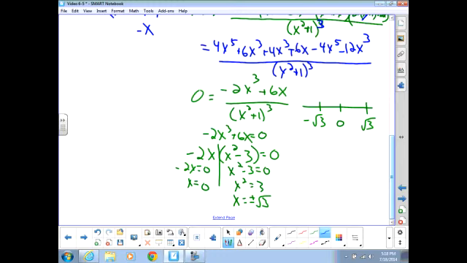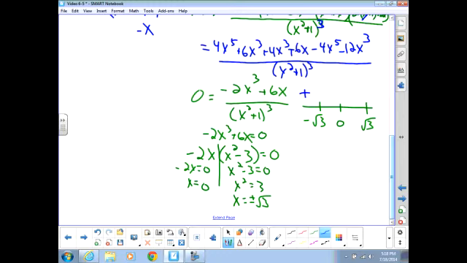If we take something like negative 10 million, negative 10 million cubed is a really large negative number, times negative 2 is a really large positive number. Negative 10 million times 6 will be a negative, but not nearly as large as that first part, so therefore this will come back positive. If we take something like negative 1, that's nice and easy to plug in.